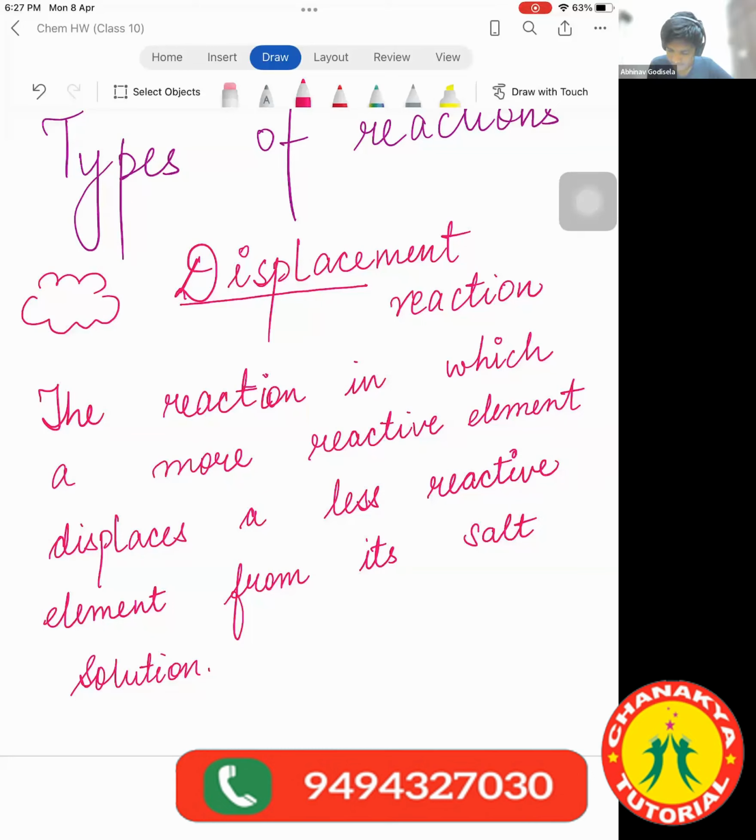So similarly, the same thing happens in our displacement reaction. There are more reactive, there are less reactive elements. I will tell you how to judge which are more reactive, which are less reactive. So the ones which are more reactive tend to take the place of the one which is less reactive in nature, and then they displace it and the reaction occurs.